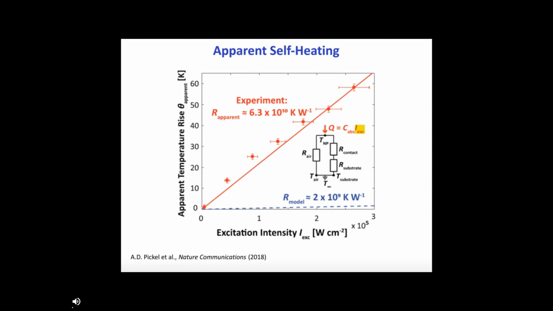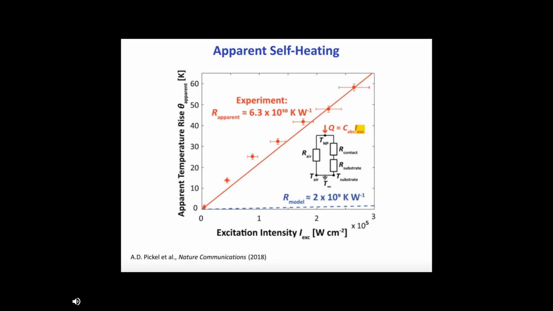So what we can then do is to convert this change in the ratio with excitation intensity to an apparent temperature rise. And if we do that, we get an apparent temperature rise of over 50 Kelvin. So much, much higher than our worst case scenario estimate of just 2 Kelvin. And from this data, we can also extract an apparent thermal resistance.